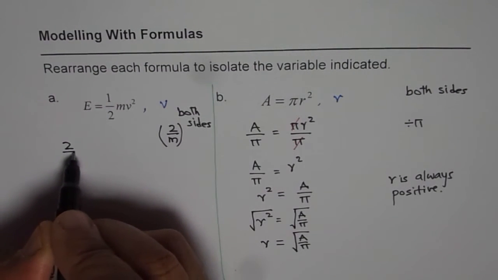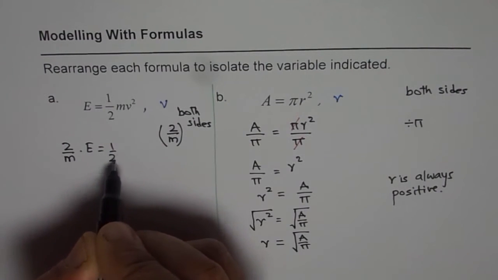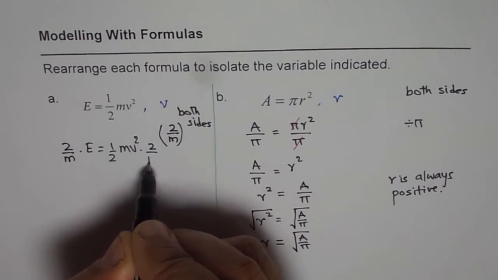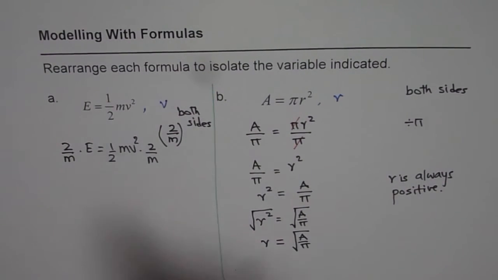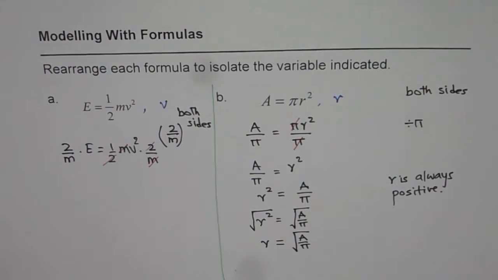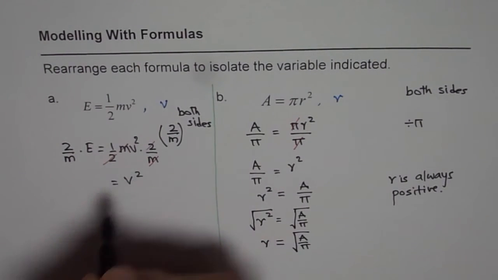So we have 2 over m times E equals half mv squared times 2 over m, right? Do you see that? Now 2 divided by 2 is 1, m divided by m is also 1. So we are left with v squared on the right side. Is it okay?